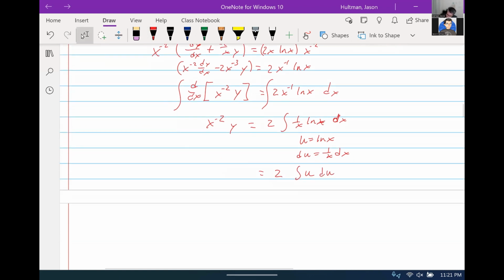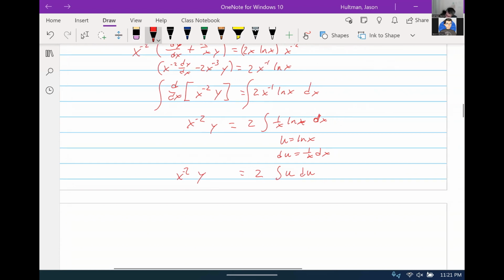Oh, that's nice. That's nice and helpful. Okay, so x to the -2y equals 2 times the integral of u, which is just u squared over 2, right? So this equals 2 times u squared over 2, plus c. The 2's are going to cancel.